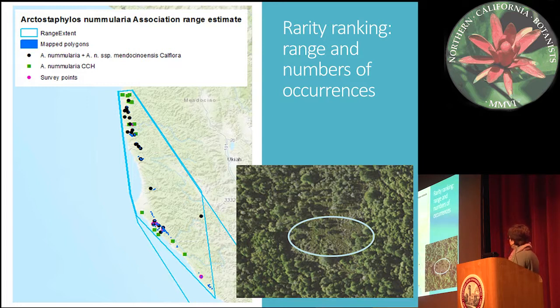And that's an example of one of these collection points that actually turns out to be a stand of this Arctostaphylos nummularia. So this information is then archived, and we keep the shapefiles for review later.